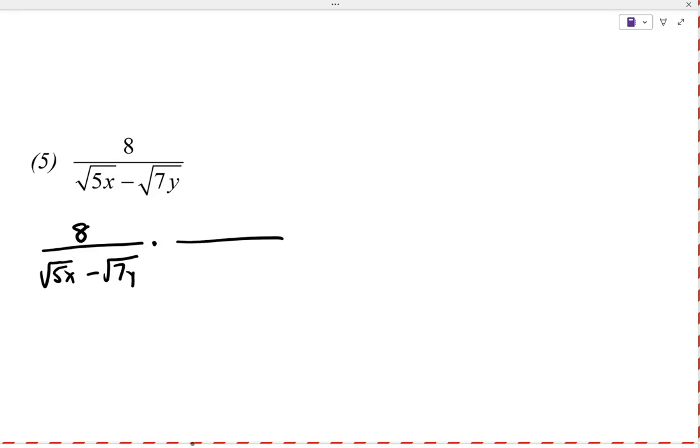Okay? So what should I multiply top and bottom by in this case? 5x plus square root of 7y. Good, exactly right.